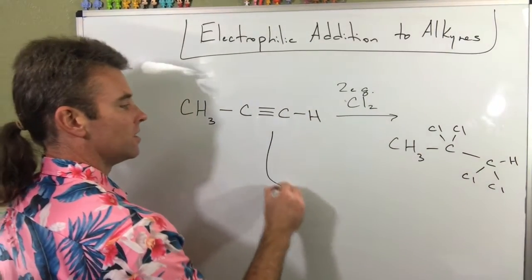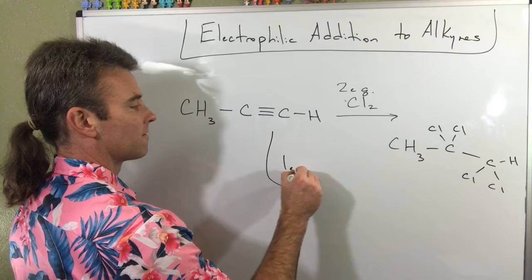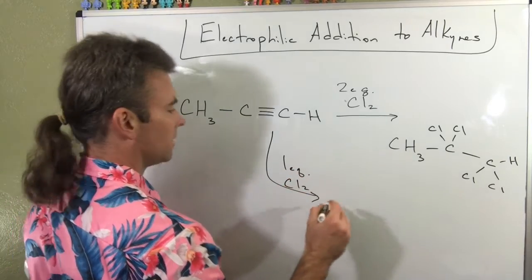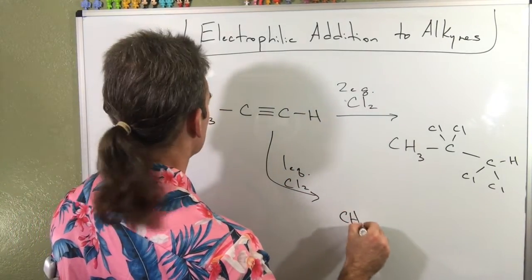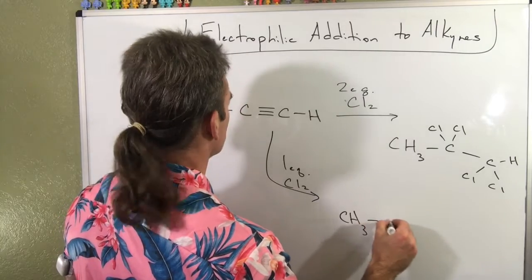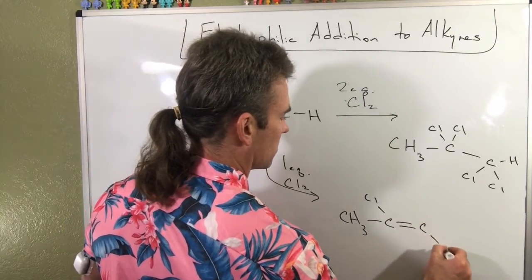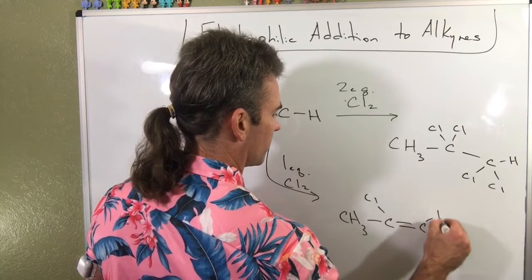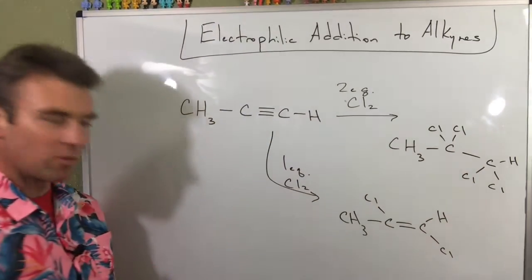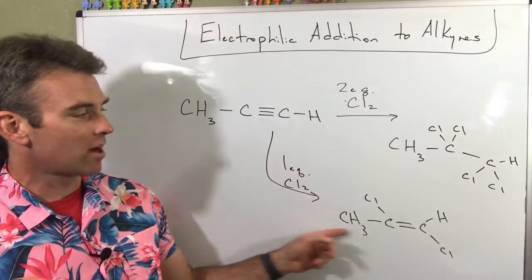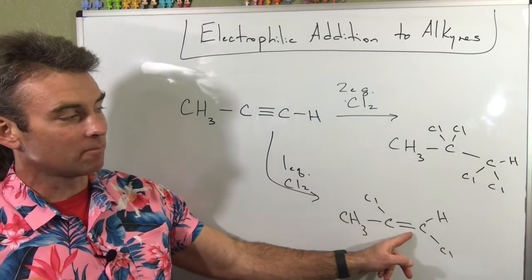Or we could use one equivalent of Cl2 and end up with this anti-addition product right here with an alkene.